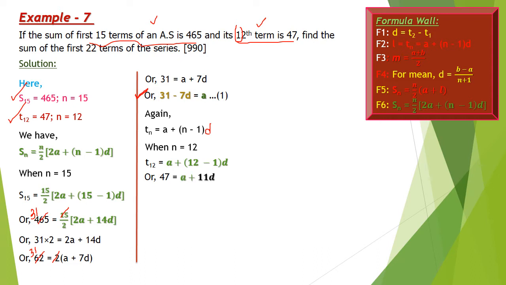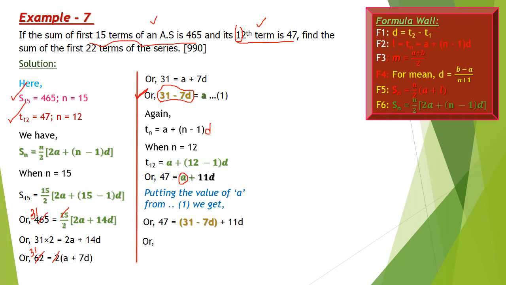Now you can see the value a here, so instead of this a, we can use this value 31 minus 7d. Putting the value of a from equation 1, we get the value of a is 31 minus 7d. 47 equal to 31 minus 7d plus 11d. Now we have only one variable, that is d, so we can hope we will get the value of d.